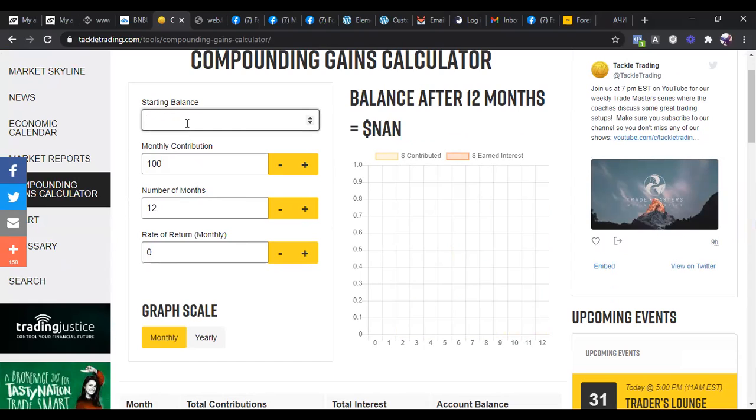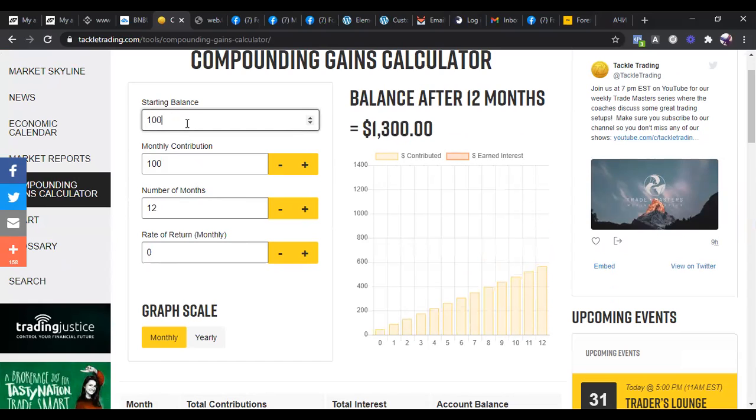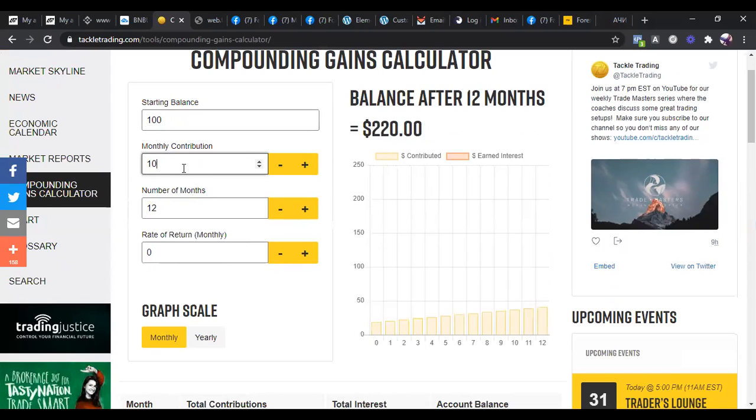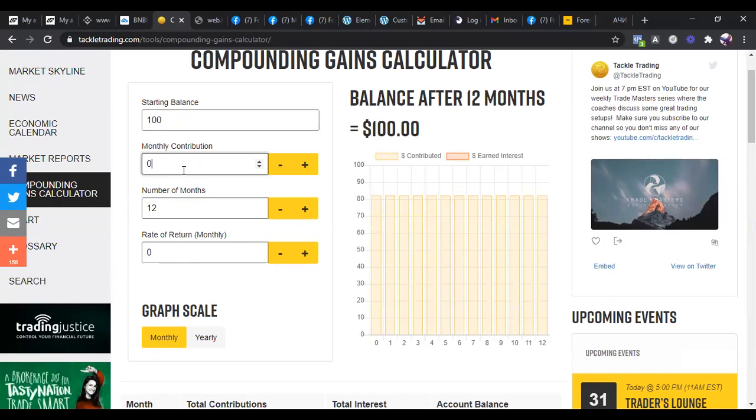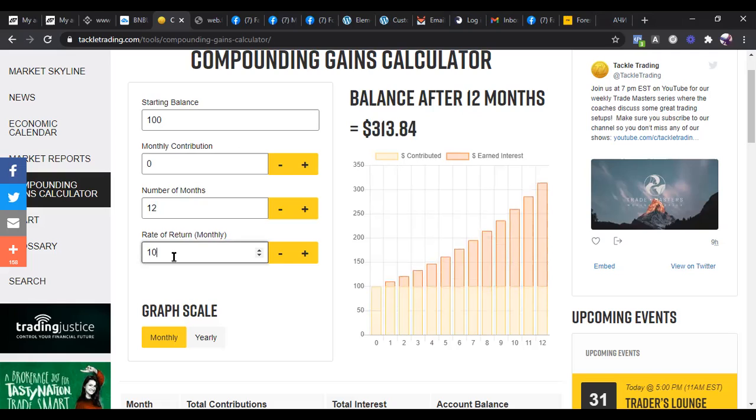Let me say, for instance, we have a starting balance of $100, and for 9 months, you add just, let me say, 10% of that amount every month. You add 10% of $100 to the account.